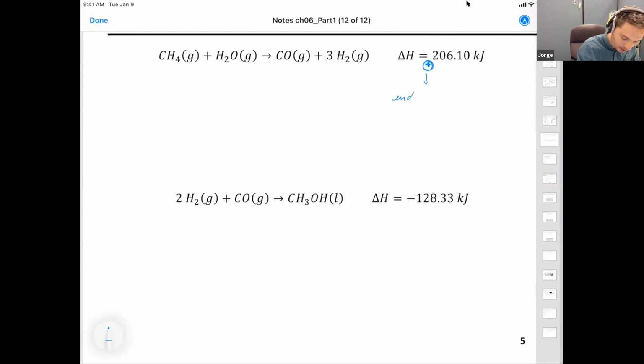That means the reaction is endothermic. Just the fact the reaction is endothermic, that has to come out right out of your head. Energy is absorbed. Okay, so the reaction absorbs energy to go all the way to the products.